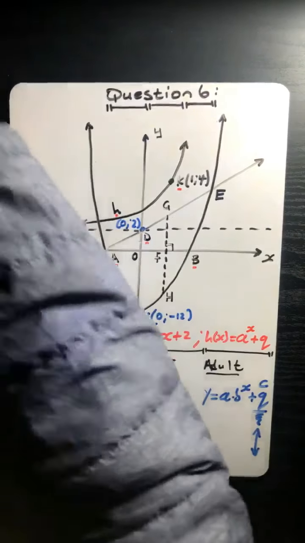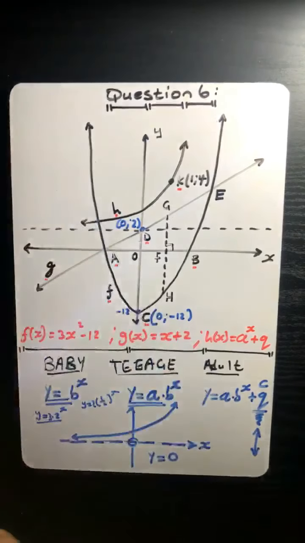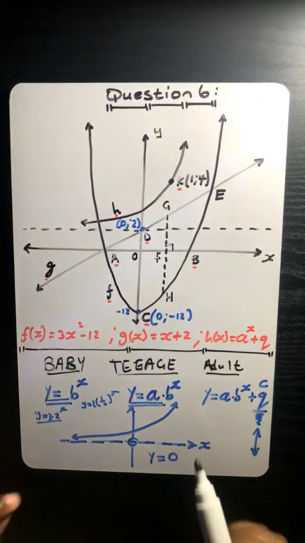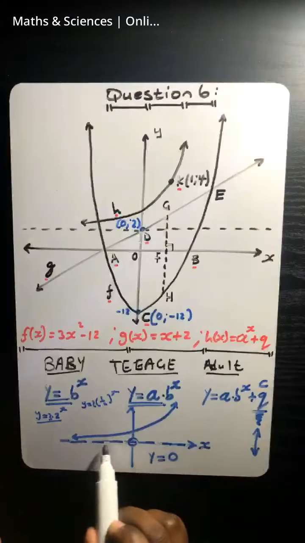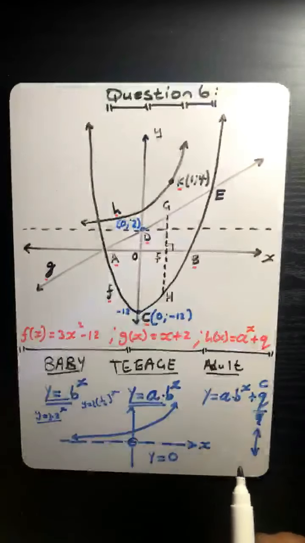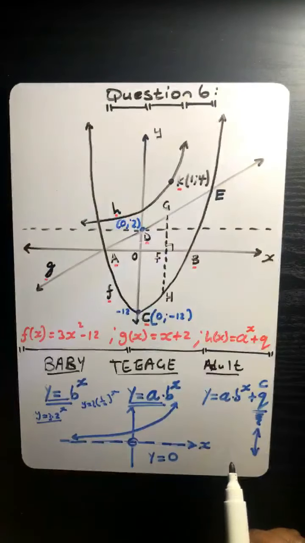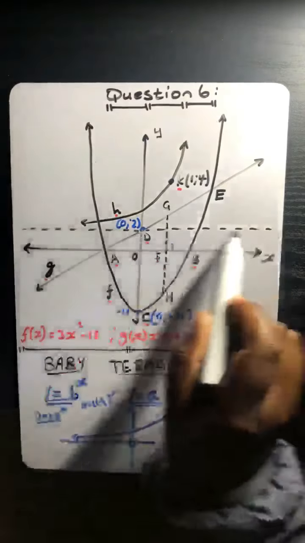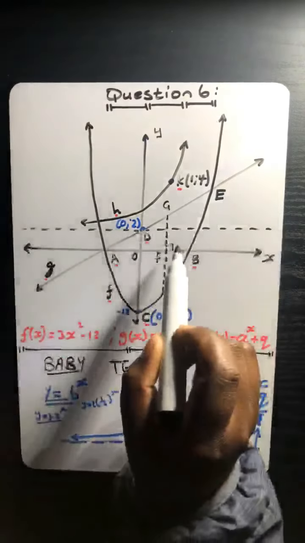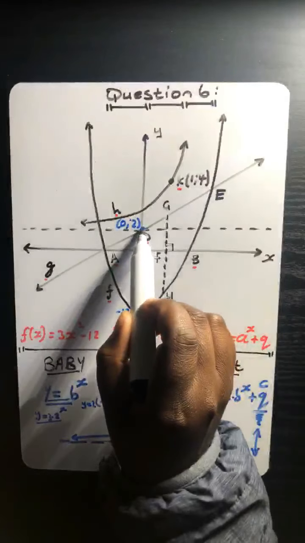Upwards. It shifted upwards. So that means when it shifts upward, does the asymptote also shift? Yes. So can you see where the asymptote is passing? It is passing at where y equals 2.